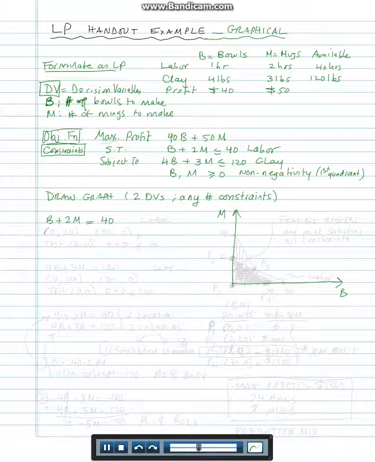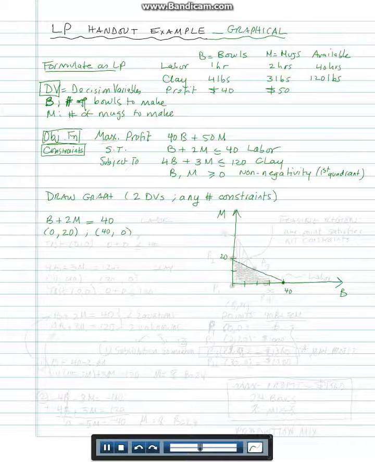So the x-intercept and the y-intercept: you plug 0 for B, 2M is 40, so M is 20. And the other intercept is you plug 0 for M. If M is 0, B is 40. So that's (0, 20) and (40, 0). So that's your first line.